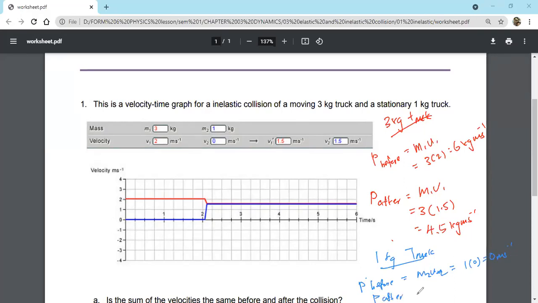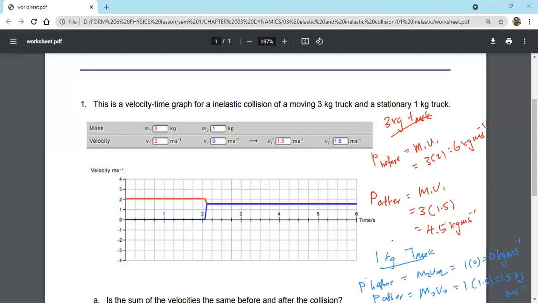P after is equal to how much? M2 V2. That means 1 times V2, 1.5. So it will be 1.5 kg ms negative 1. Yeah, the unit.